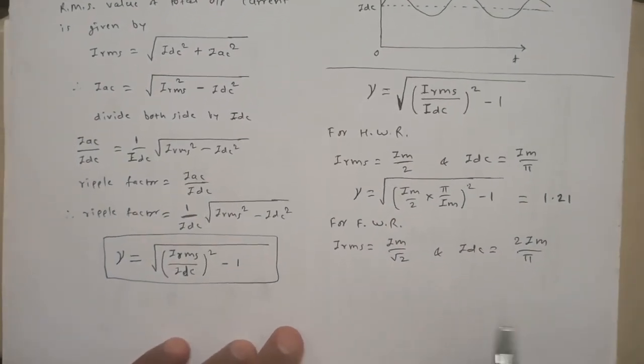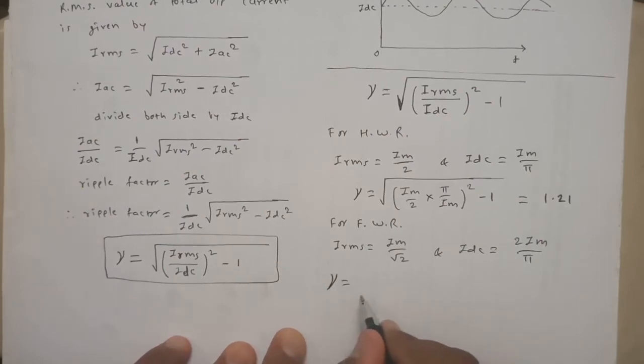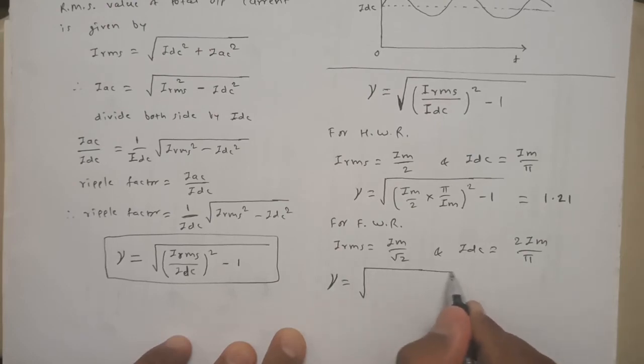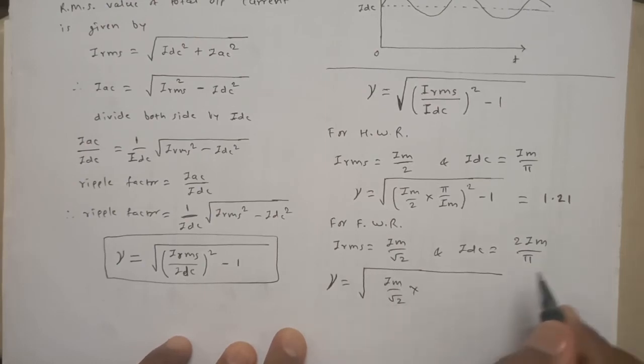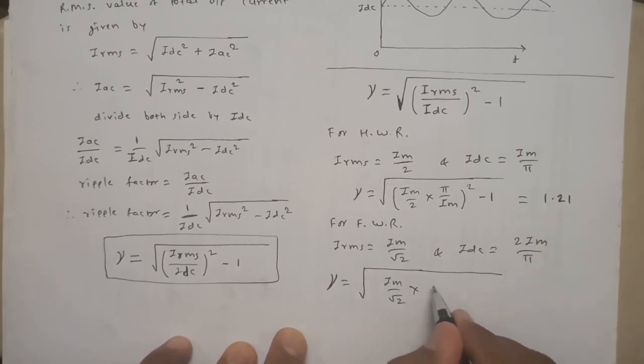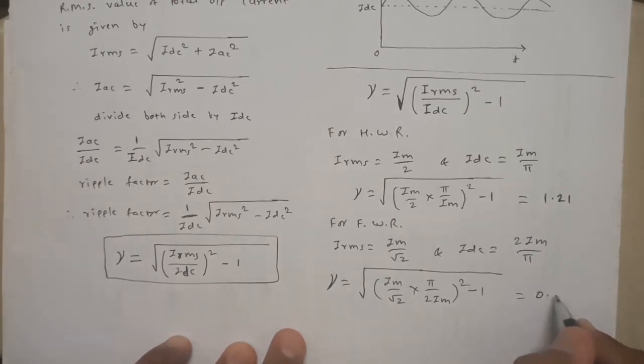So the ripple factor in case of full wave rectifier is equal to, again under root these terms, IM by under root 2 multiplied by pi by twice IM, square, minus 1, and you solve it further. After solving it, the value comes to be 0.48. You try to calculate this at your place also.